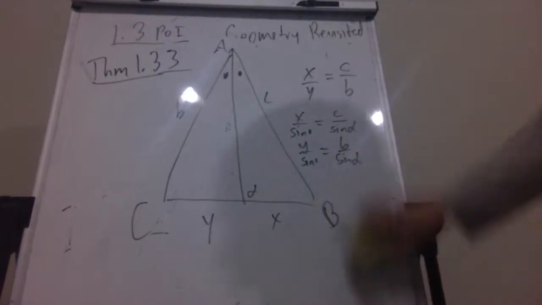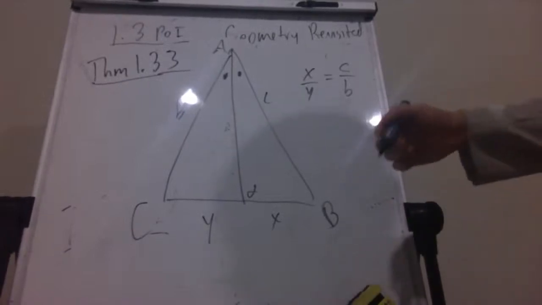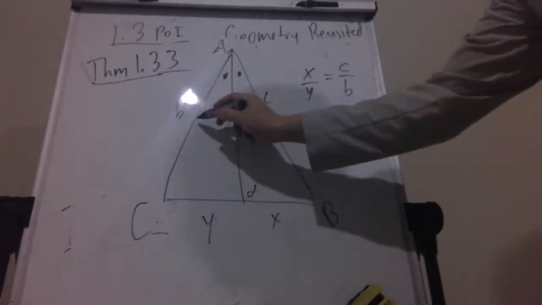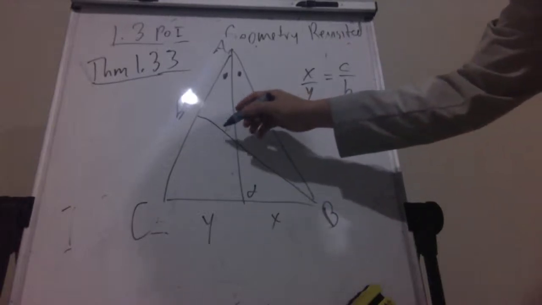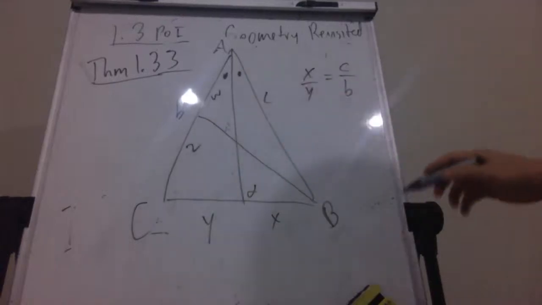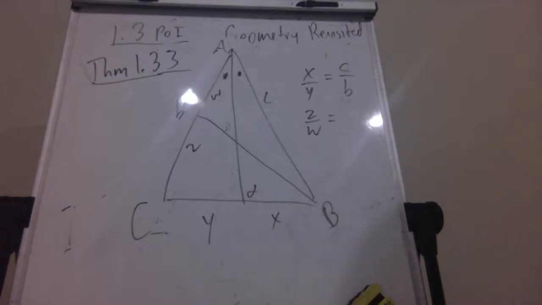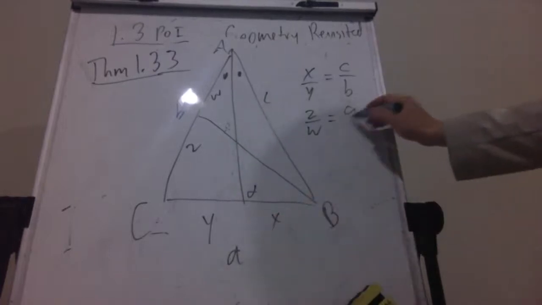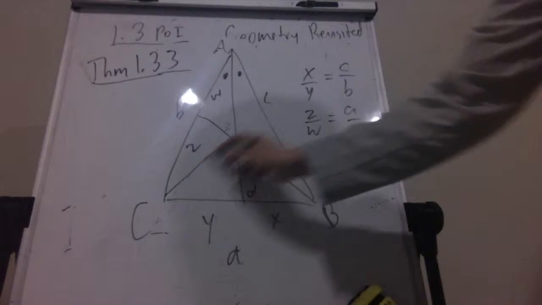Can you see that for the same reasoning, if you do the angle bisector here and make it ZW, Z on W is going to equal A on C.